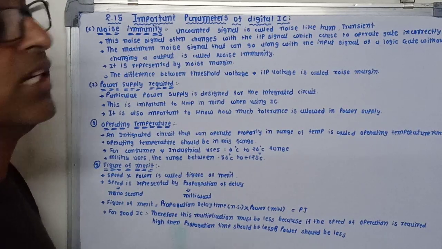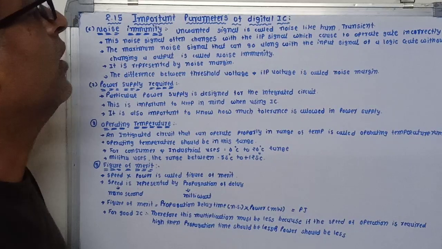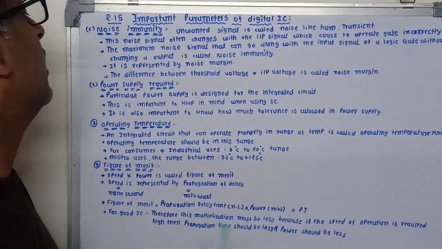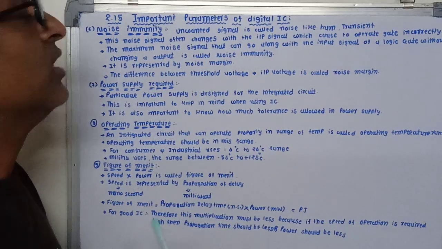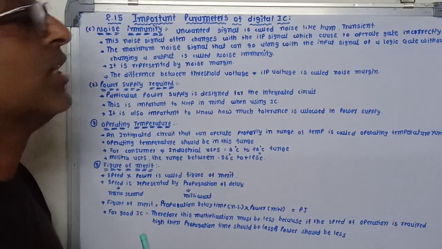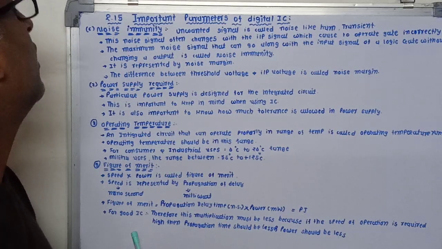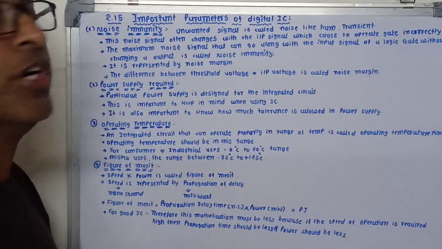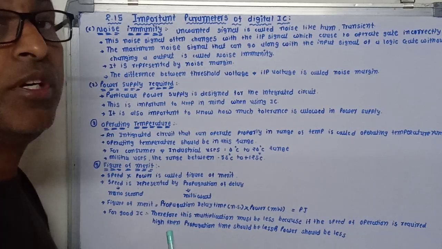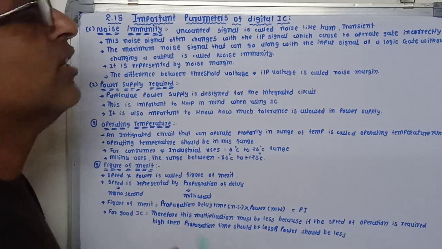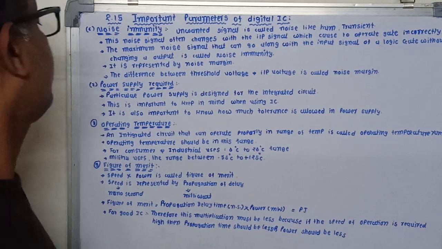The maximum noise signal that can go along with the input signal of a logic gate without changing the output signal is called noise immunity. This noise immunity is represented by noise margin. The difference between threshold voltage and input voltage is also called noise margin.